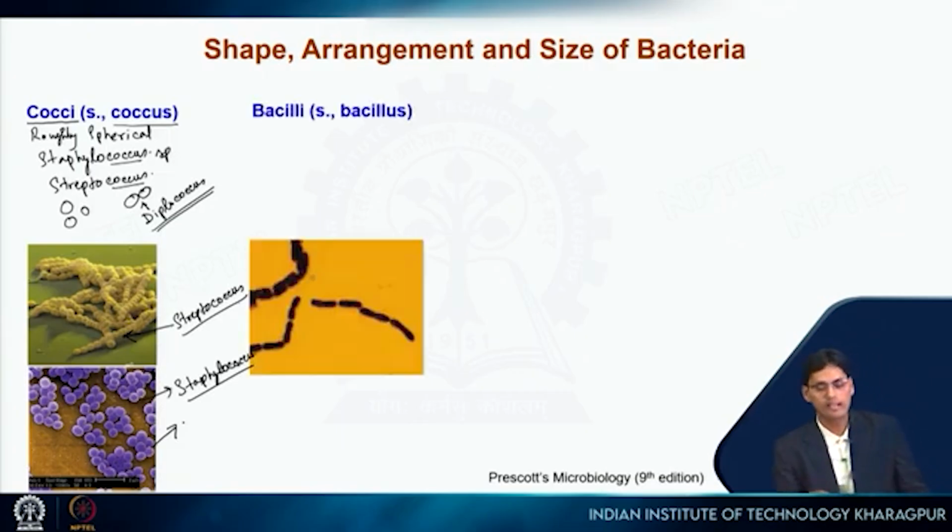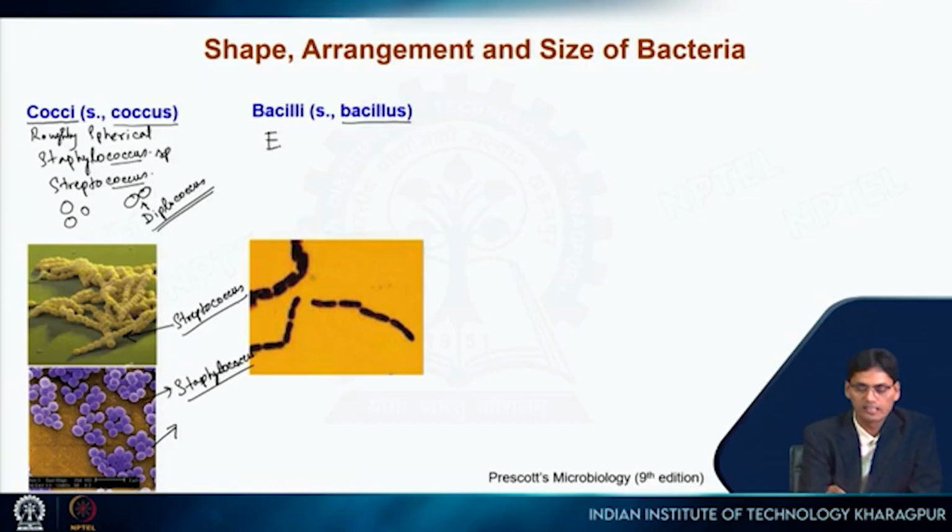And now if we move to another form of bacteria, bacilli, or in singular bacillus, one very common example is E. coli, Escherichia coli, and another common example, which all of you know, Mycobacterium tuberculosis.